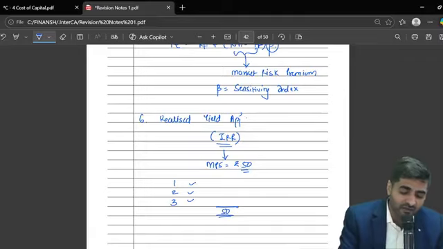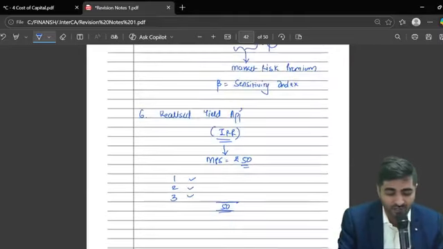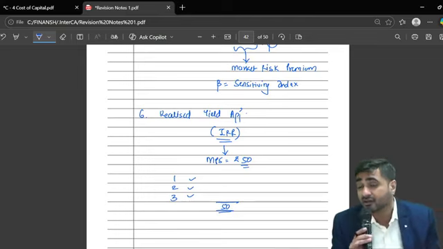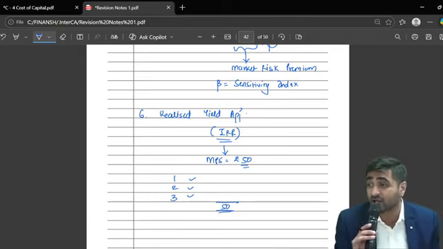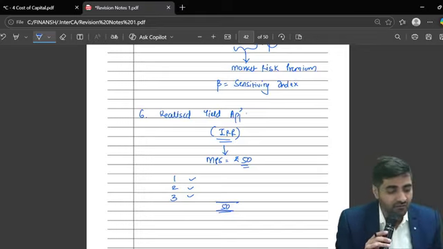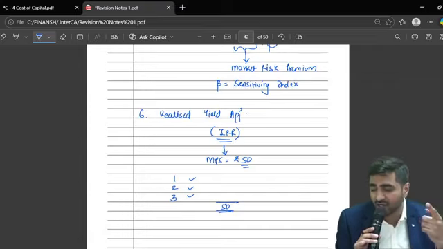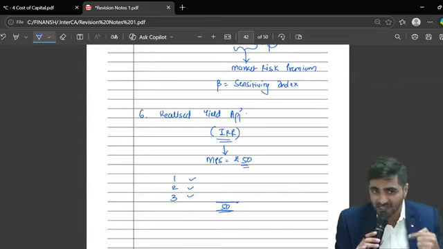But for the time being, I want you all to make a comprehensive list of the approaches. How many approaches are there to calculate the KE? 6 approaches. Where dividends are constant, what is the formula? DPS upon MPS into 100.